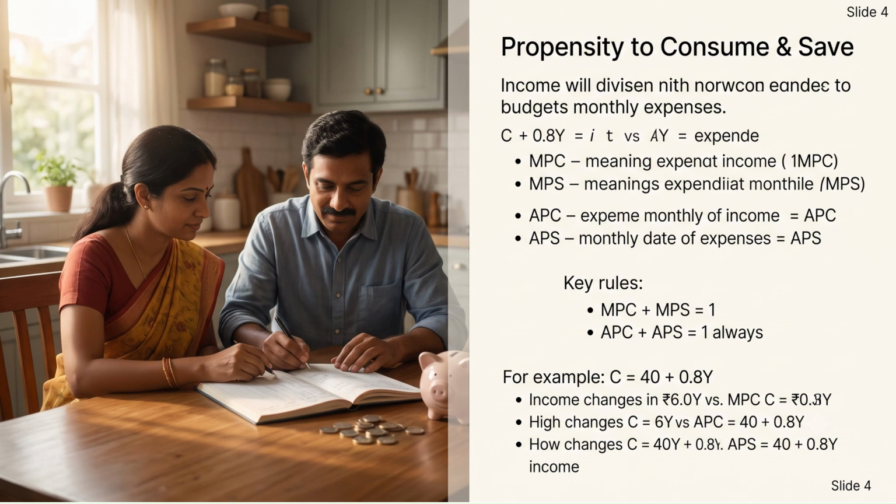But forget the dry definition for a second and look at the human reality. When a salary increment arrives, a silent calculation happens at the kitchen table. How much goes to buying new electronics like a fridge, AC, LCD TV, or dining out in some fancy restaurant? And how much goes into a fixed deposit for the kids?